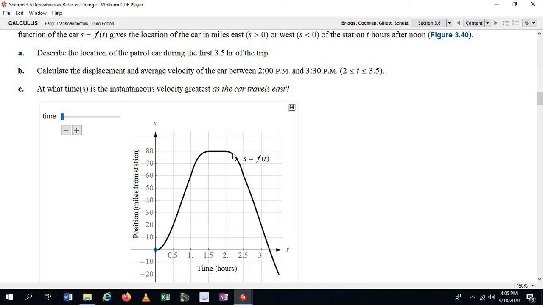Okay, and then it appears that from 2 to 3.5 hours, the object begins to move west because its position is now getting smaller, 70, 60, 50, and then eventually it gets back to 0, so it went back to the police station. And then after that, it continues to head west on the other side of the police station. So it's at -10 and then -20.